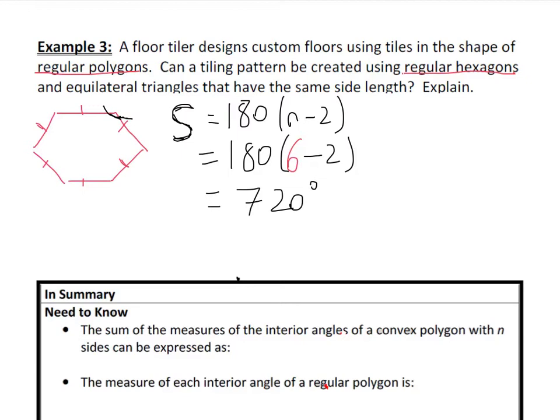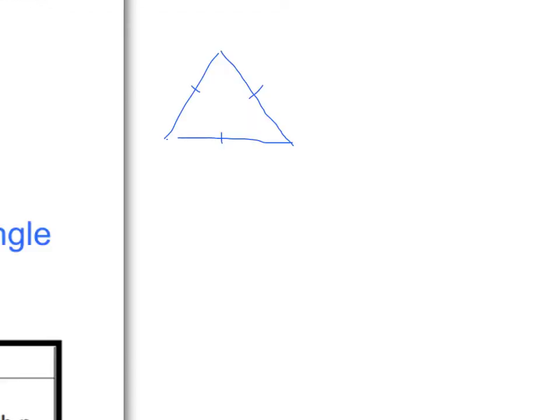Now how much is one angle? Well, it's got 6 sides, so divide by 6, and we get that each angle is 120 degrees. Now, what about an equilateral triangle? Remember that an equilateral triangle is a triangle where all the sides and angles are equal. So that means that each angle in here is 60 degrees.